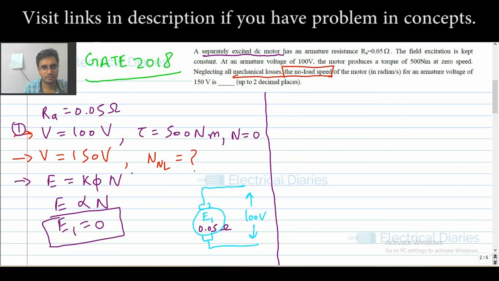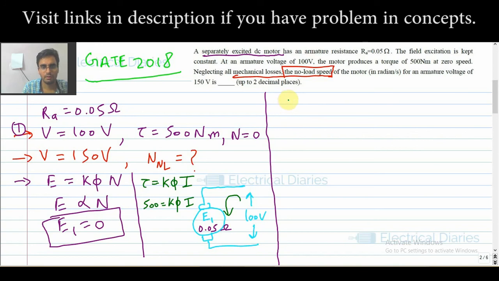Another thing is that torque is also given to me. So what can I write? Torque is equal to K phi I, and torque is given to us as 500. Is I given to me? No, I is not given, but I can easily calculate it by applying KVL in this loop.